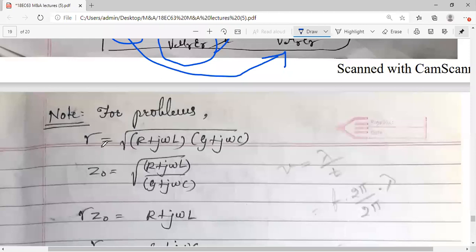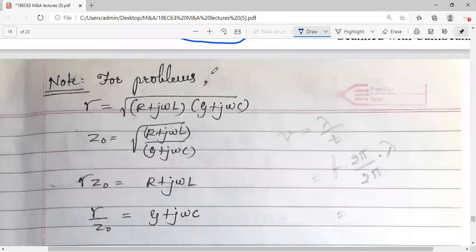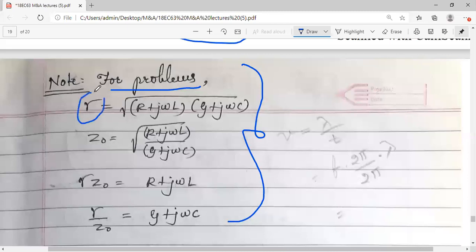Now as a note, please make a note of it. This is important. For problems, these two equations are very important for us. One is for gamma, which we have already calculated, and we know that gamma is equal to square root of zy.